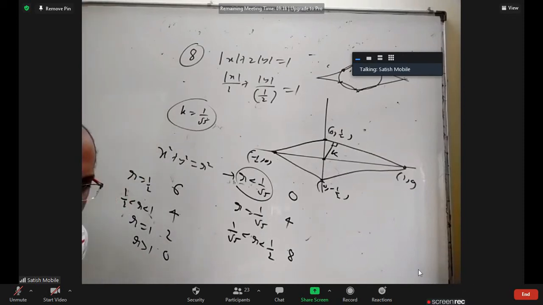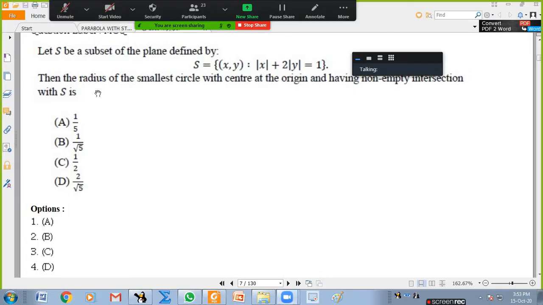Now what is the question exactly? I covered a lot of it. The radius of the smallest circle with center at the origin and having non-empty intersection with S. That means you should have some intersection. So if you want some intersection, minimum 1 by root 5, maximum 1, so the closed interval 1 by root 5 to 1.